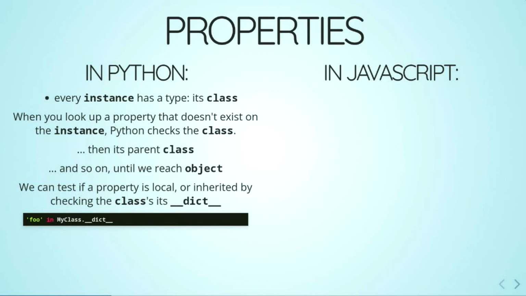We can, in Python, actually test if there is a direct attribute on our class by looking at the dunder dict of the class to say, if this name is in there, then it has that on itself, it's not inheriting it.